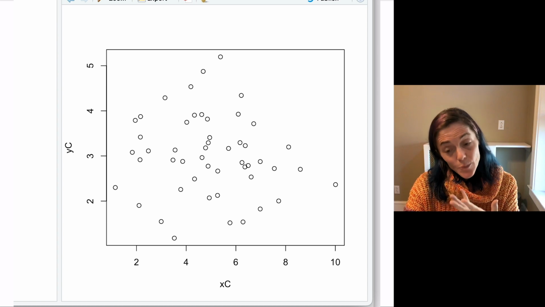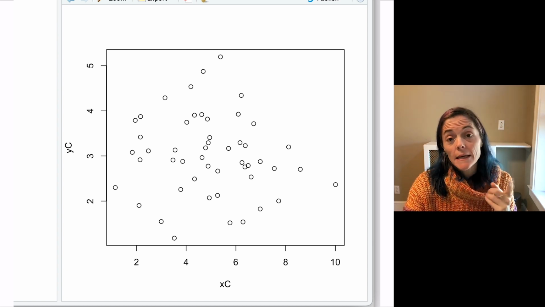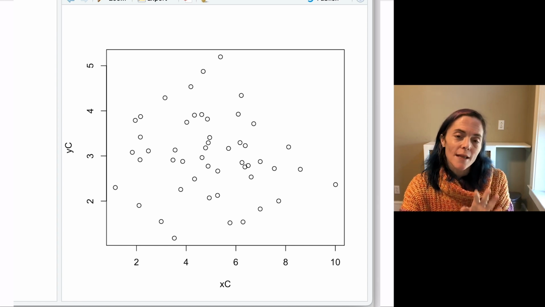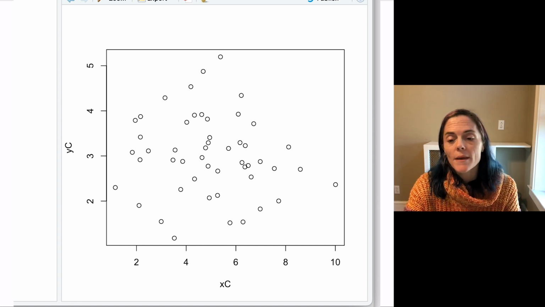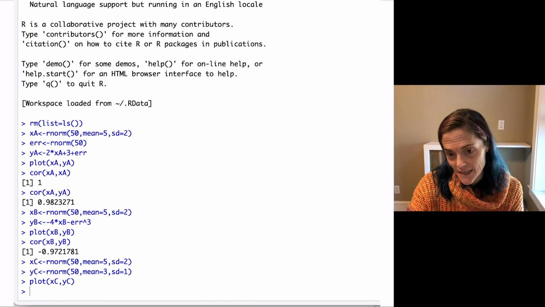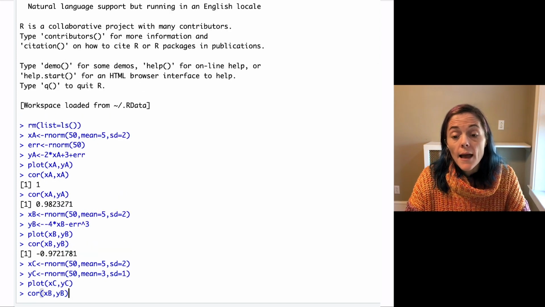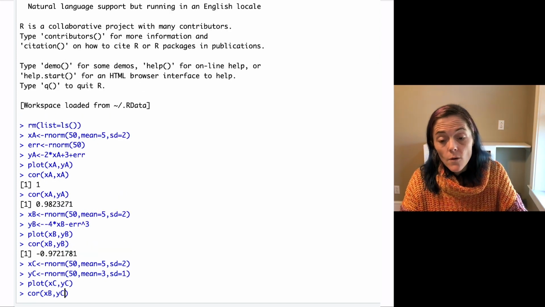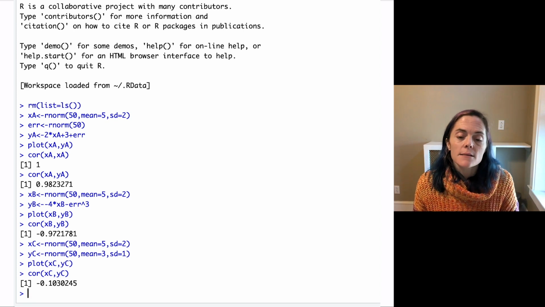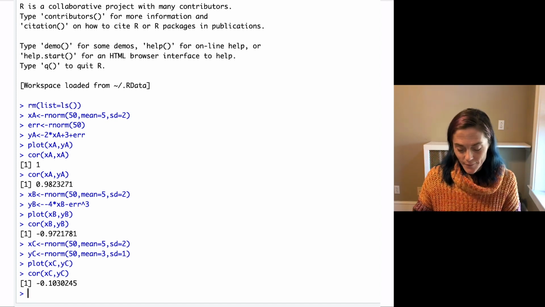Just looking at this picture of the sample, I don't visually see a linear relationship. I expect this correlation coefficient to be close to 0 based on what I see, also based on how I created vectors XC and YC. So if we ask for the correlation coefficient of XC and YC, I get minus 0.1. It's a small correlation coefficient here.